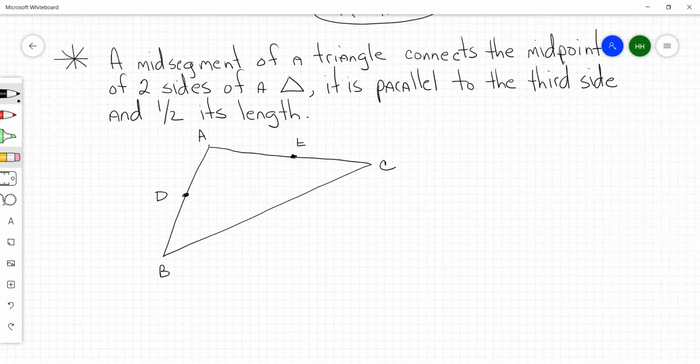Call it E. And now, if D is the midpoint of a side of a triangle, aren't these two pieces equal to each other? It's in the middle, so the two segments are congruent. If point E is in the middle of side AC, then AE is congruent to EC.